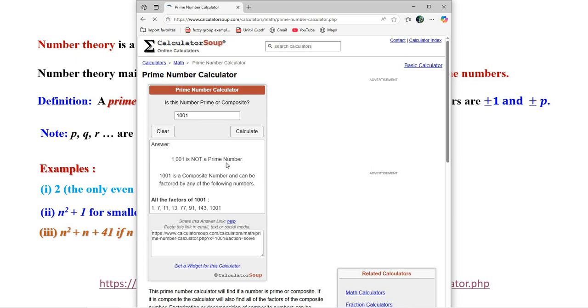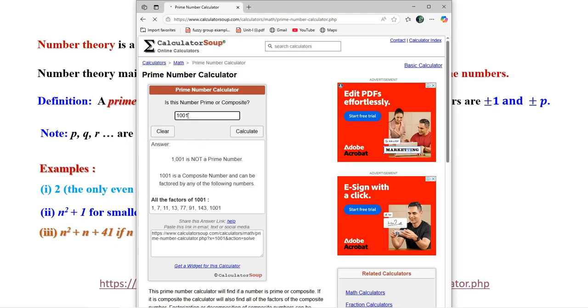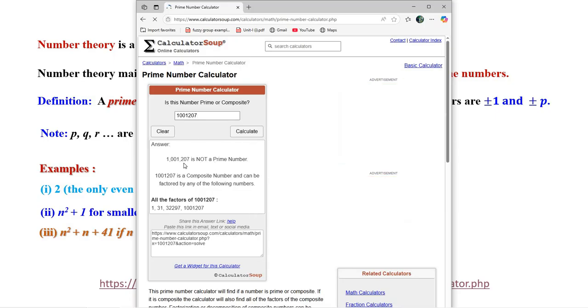It says that it is not a prime number. It has these as the factors. Now, suppose I enter a bigger number, then again it calculates and says that it is not a prime number, and you have the factors to be this.